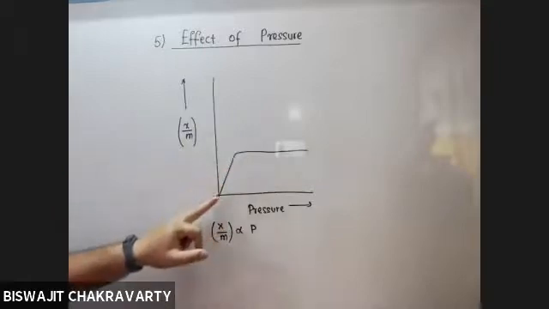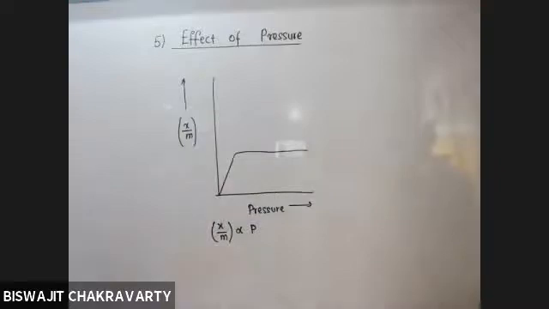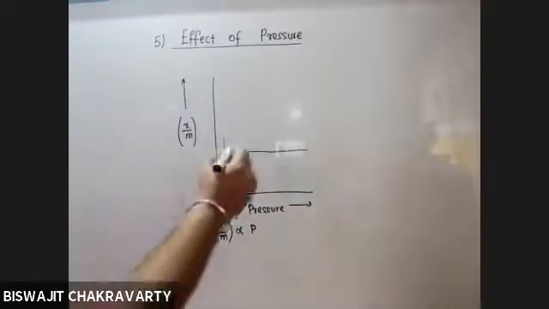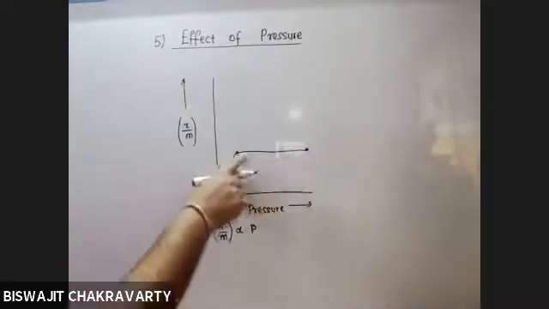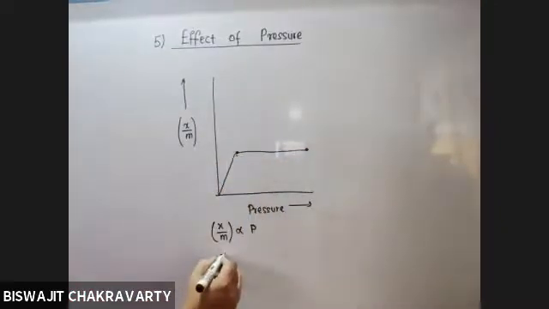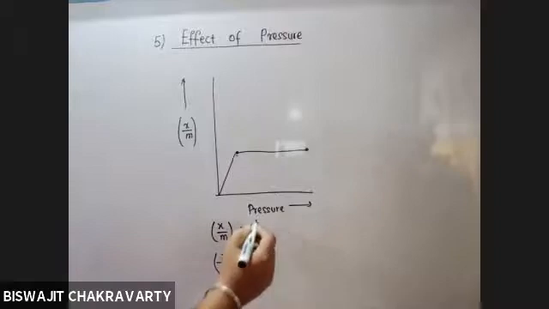Because as you can see, this is a straight line increasing in this particular manner, suggesting that the more you exert pressure, the greater is the rate of adsorption. But from this point to this point, we can see that x by m is independent of pressure, isn't it?